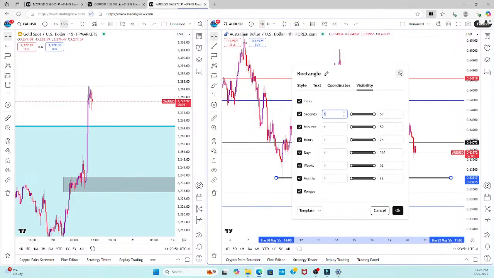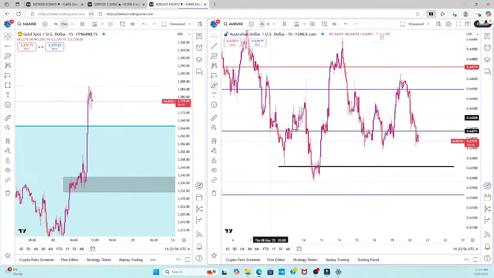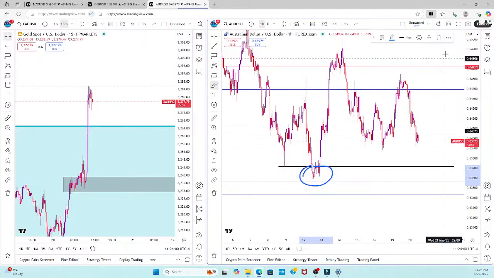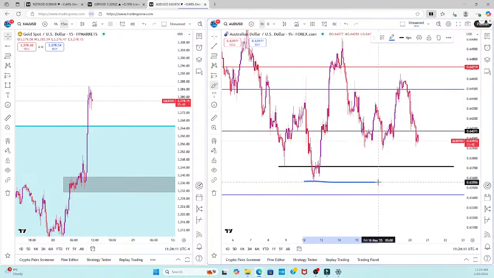The main thing that needs to happen now is for the price to break this current low, which is at 63.56. That's the next thing that needs to happen. The price is heading towards that to break it.